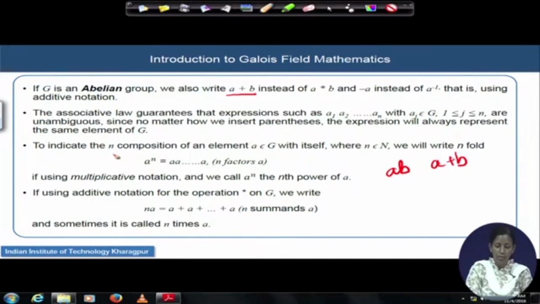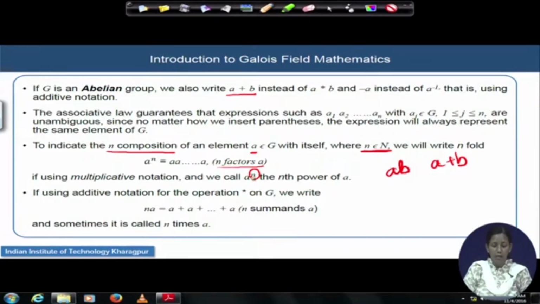Suppose we wish to indicate the n-fold composition of an element A belonging to G with itself, where this small n can be any value from 1 to capital N. So, we will write the n-fold of A if we utilize the multiplicative notation, and we call it n factors of A, which is basically A multiplied n times, and we call it the nth power.